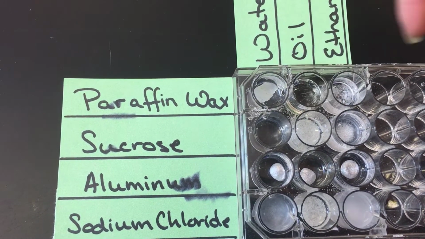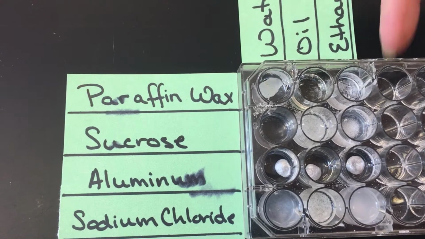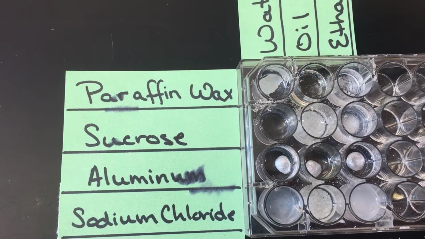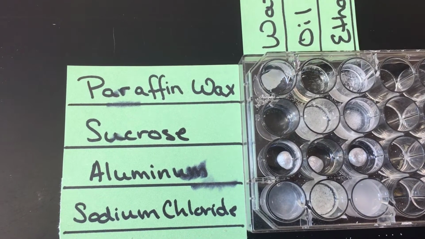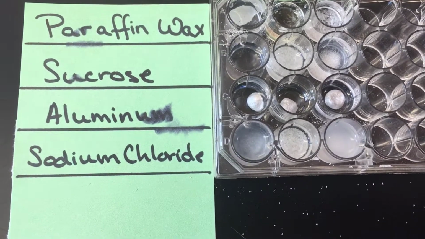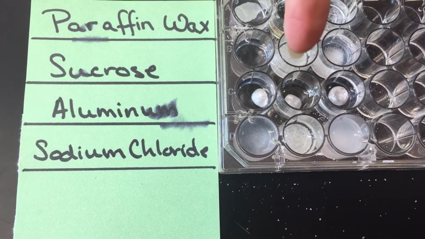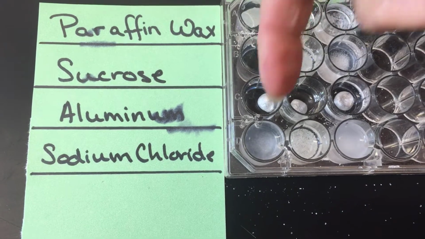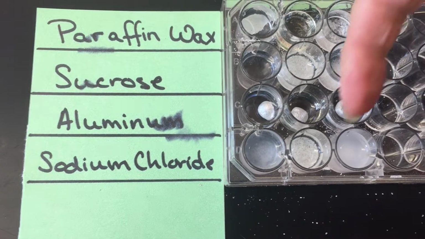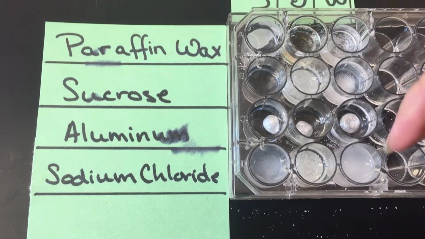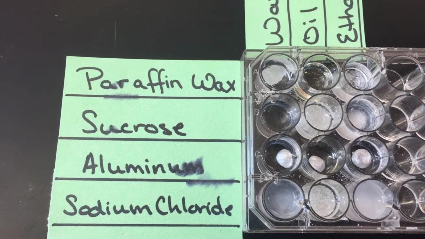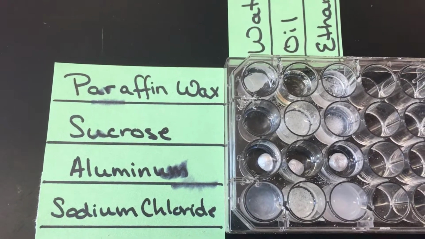I still very clearly see it in the oil, and maybe I see some there in the ethanol, but it definitely dissolved it, at least partially. My aluminum is still there in every single case, very visible, clearly did not dissolve. My sodium chloride, again, clearly dissolved in the water, clearly did not dissolve in the oil, and the ethanol is sort of cloudy and potentially somewhat dissolved.